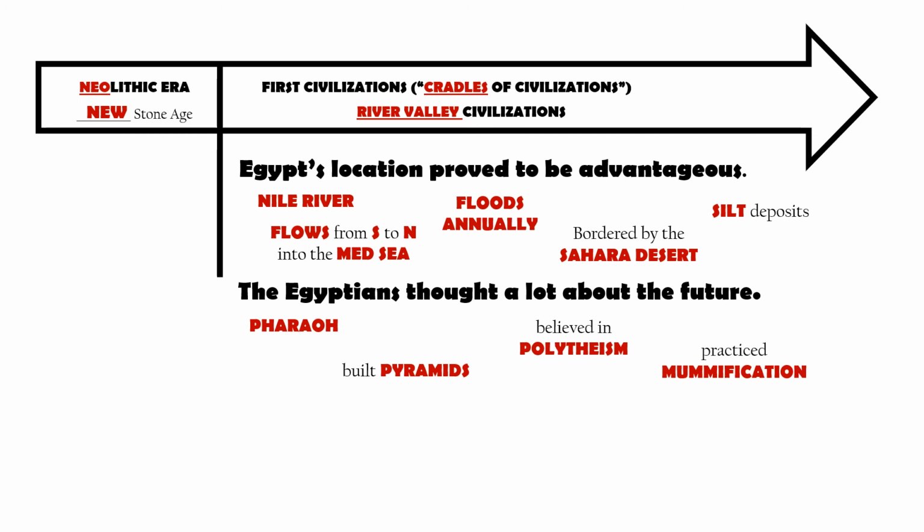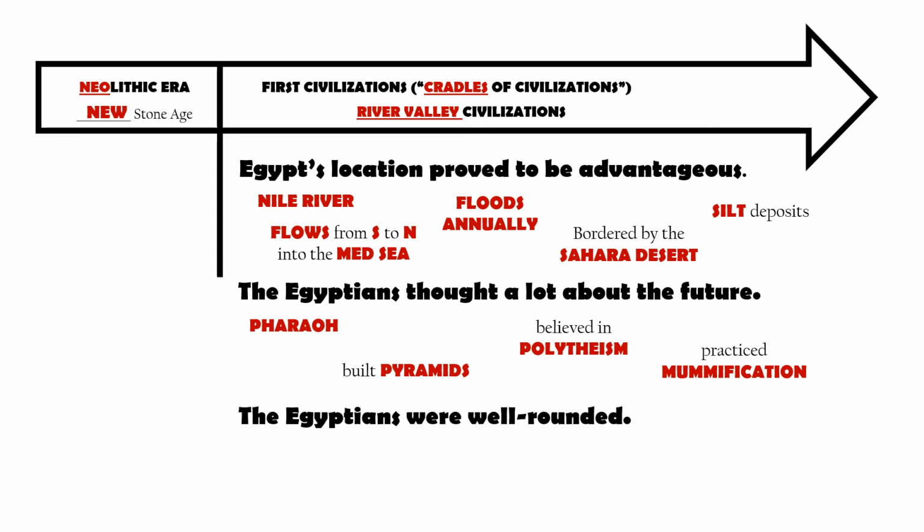We also, of course, know that the Egyptians practiced mummification. The time and dedication to preserving the body to put it in its best form in order for it to make it into the afterlife shows the dedication that these Egyptians had in thinking about their future.